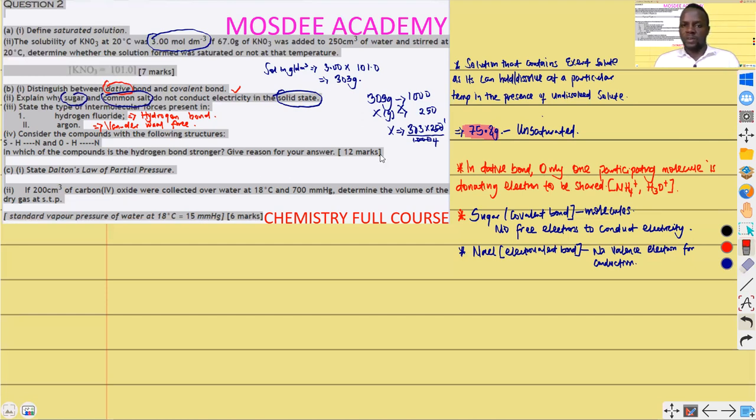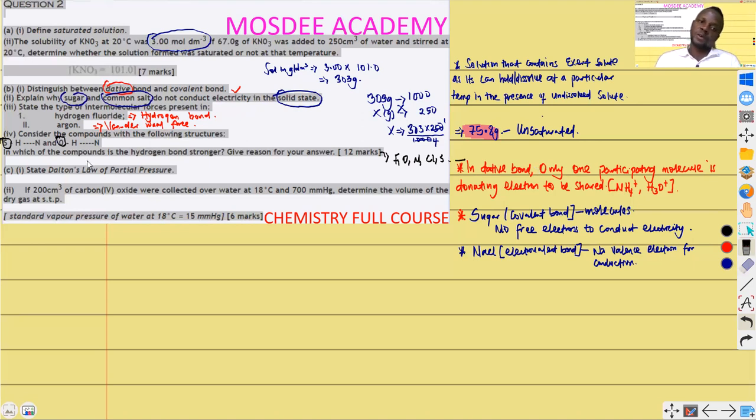For those that do not have that, the common one is FON, then CLS, like that. It continues in that manner. I've also explained in terms of periodicity and the periodic table. So the order of electronegativity is fluorine, oxygen, nitrogen, chlorine, sulfur, carbon, hydrogen, in that manner. So it's kind of very simple.